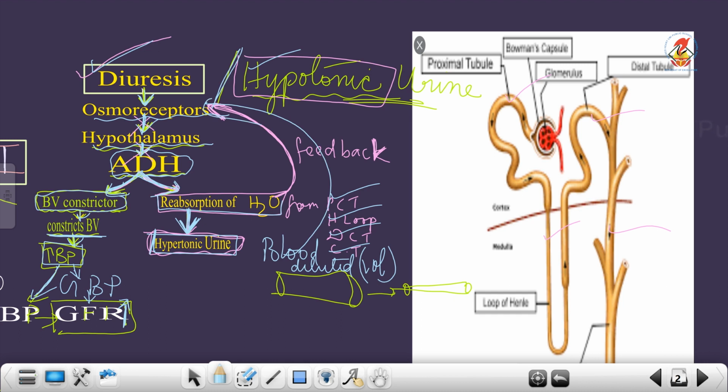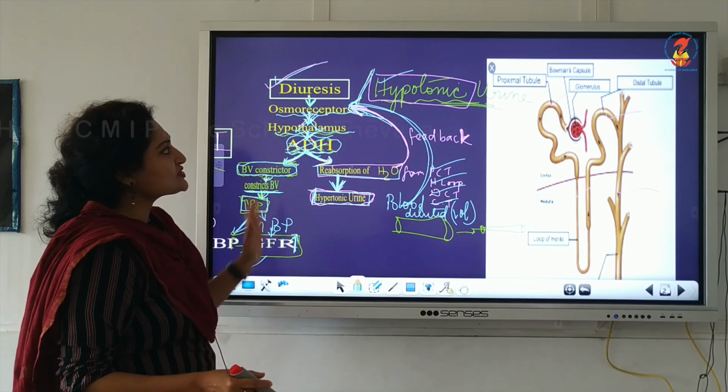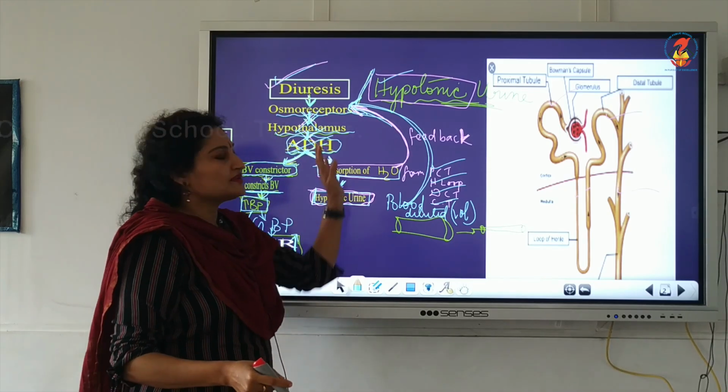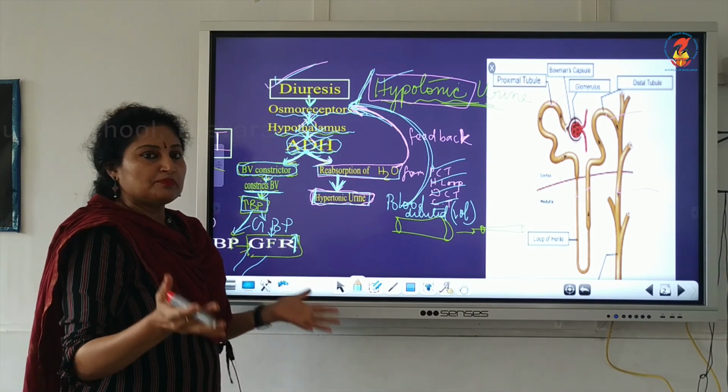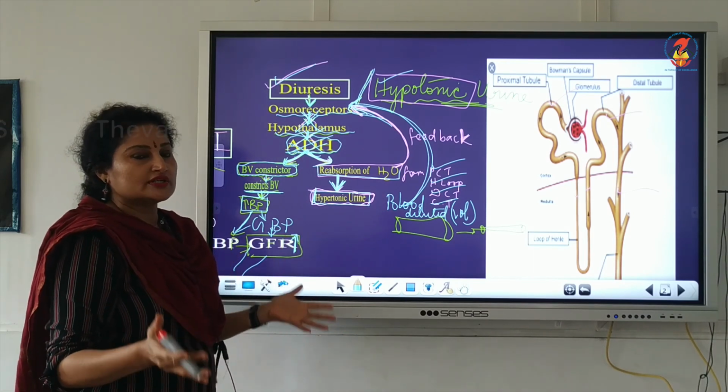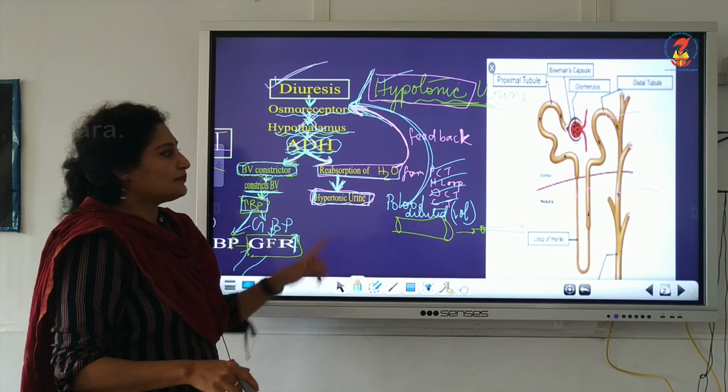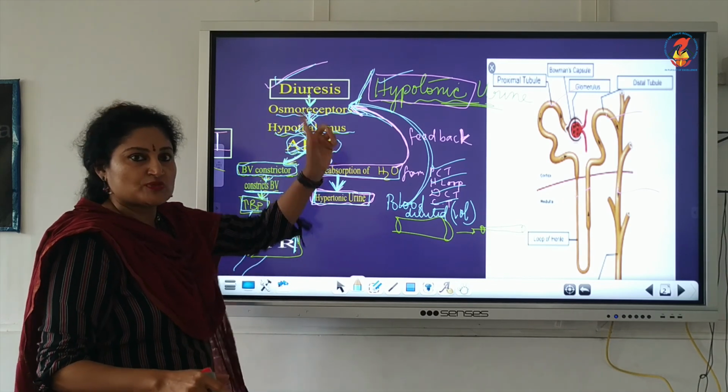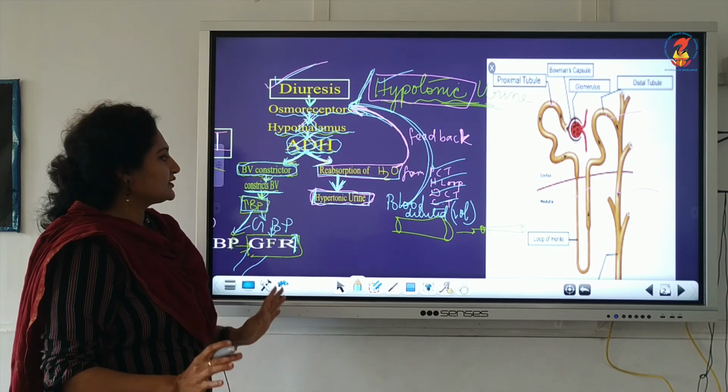Switched off means it stops stimulating the hypothalamus, and therefore there is no ADH produced. So you can see in this mechanism where the hypothalamus is involved, the feedback mechanism is by itself. The very presence of a high volume of water in the blood switches off the osmoreceptors. Clear?